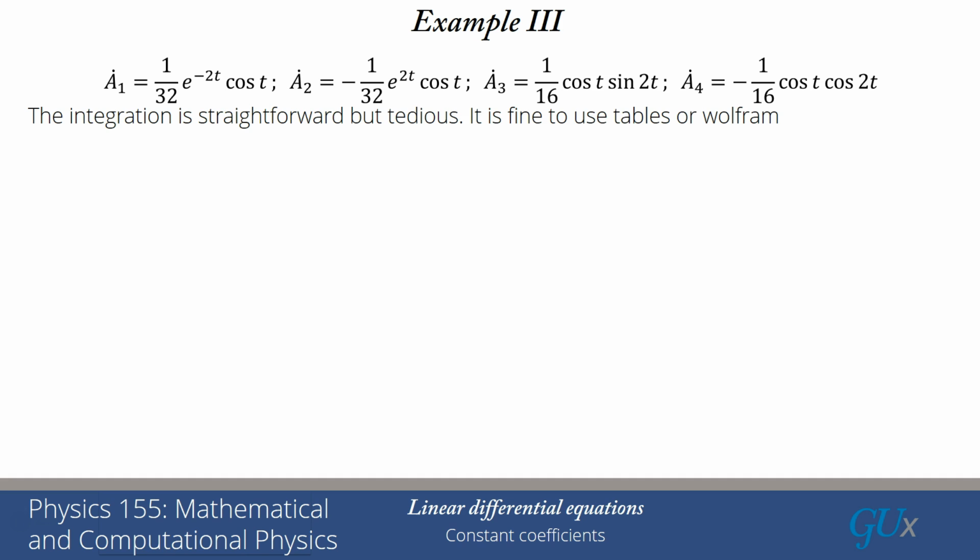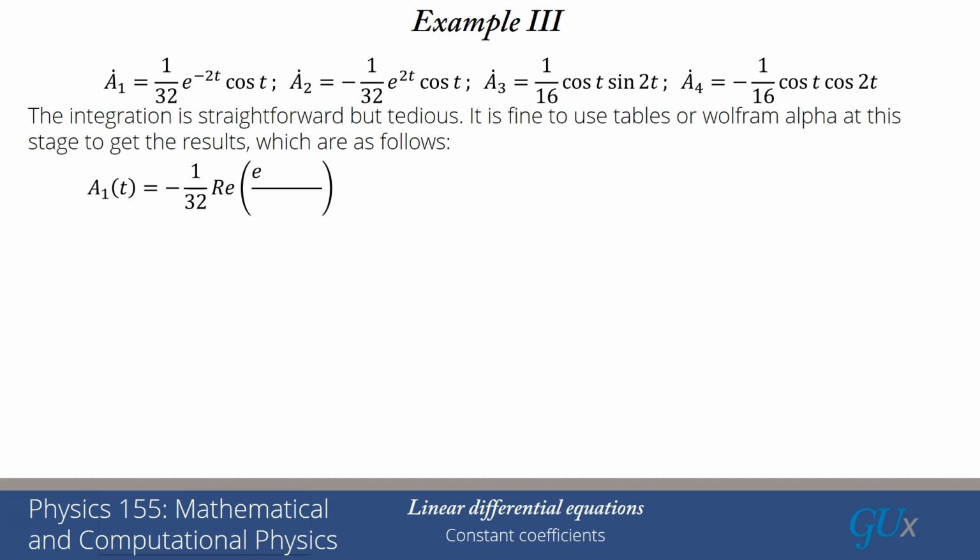I want you to make sure, particularly on things like homework, it is perfectly fine to use integral tables or Wolfram Alpha at this stage to get the different results. And also remember, we're looking for antiderivatives here. We don't have to worry about the constants because the constants don't enter into the results that we're trying to work out for this equation.